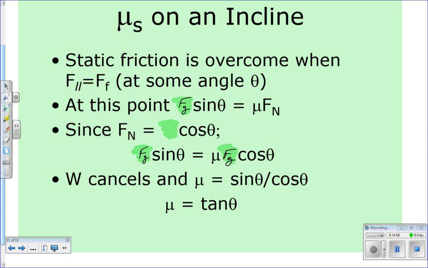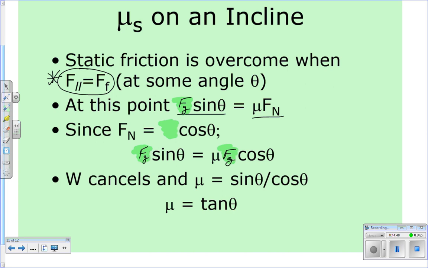Static friction, again, is the friction that we need to overcome when something is not moving. And at that point, when static friction is just overcome, the parallel component of the object's weight is equal to the force of friction. So if we replace these two things with the equations to calculate them, F parallel is equal to Fg times the sine of the angle, and Ff is equal to mu times Fn.